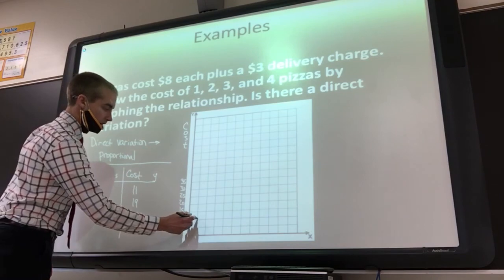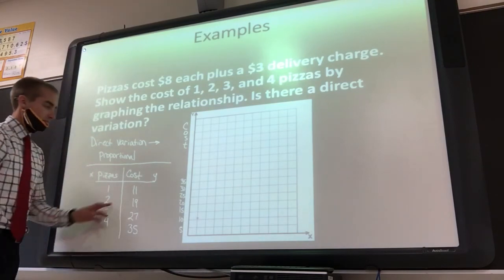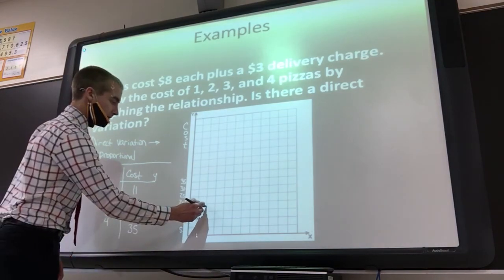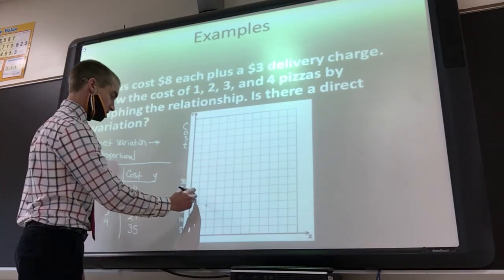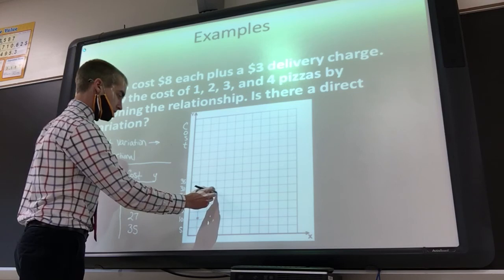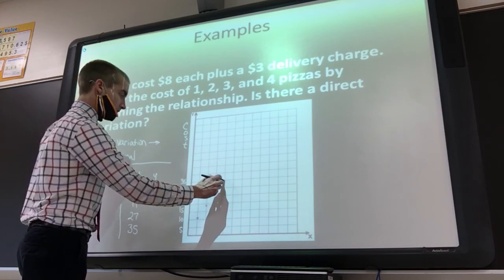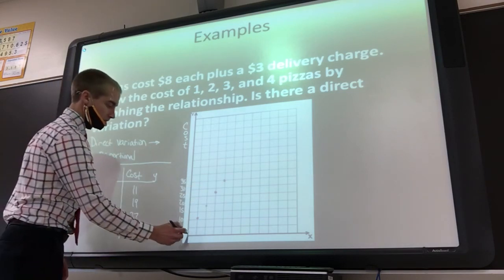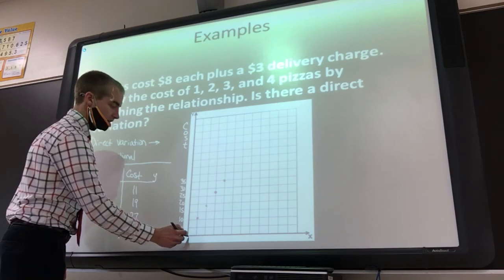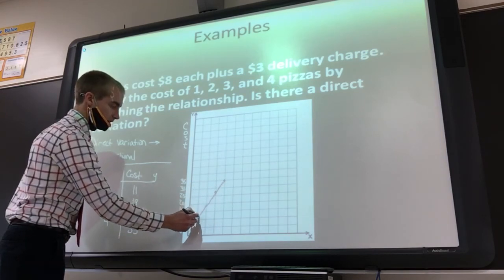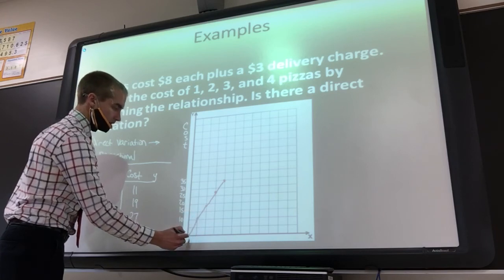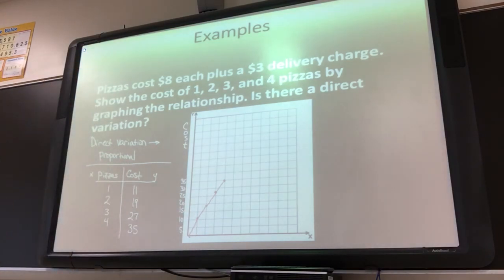One pizza's at $11. 2's at 19. So if I started at the origin and then connected these, it would not make a straight line.